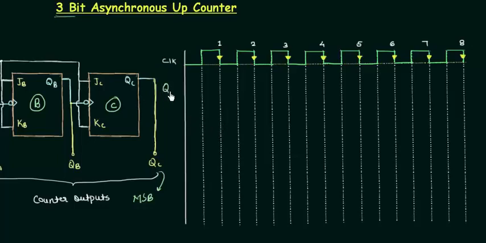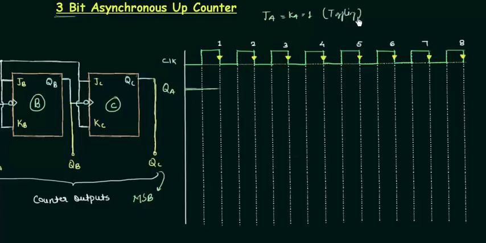So I have QA here, and initially it is 0 and it will remain 0 or low till this falling edge. And as the value of JA and KA is equal to 1, we have toggling.